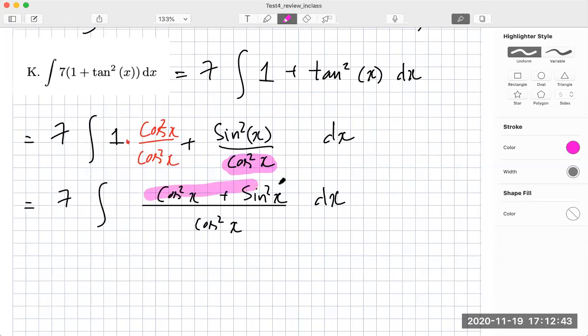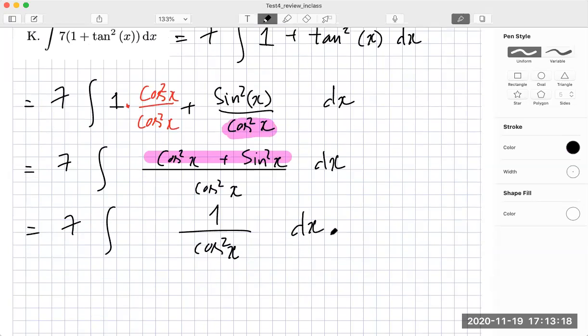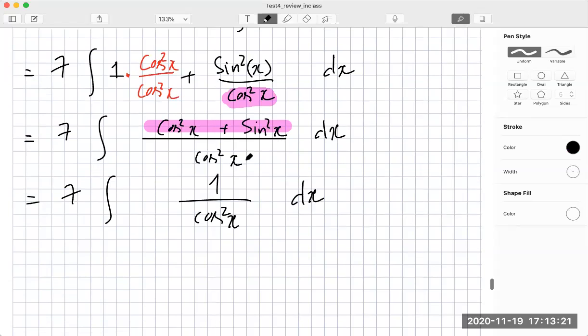Okay. Can we simplify it further? So cosine square plus sine square gives us 1, right? So it becomes 1 over cosine square. The trig identity tells us that cosine square plus sine square is equal to 1.